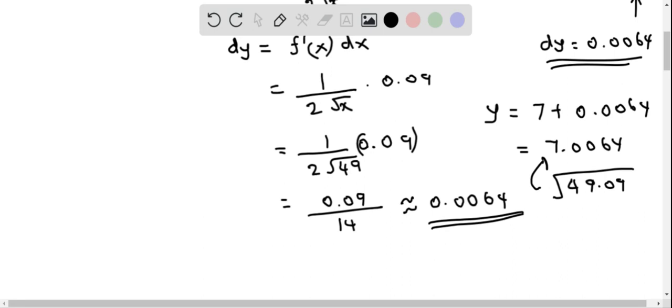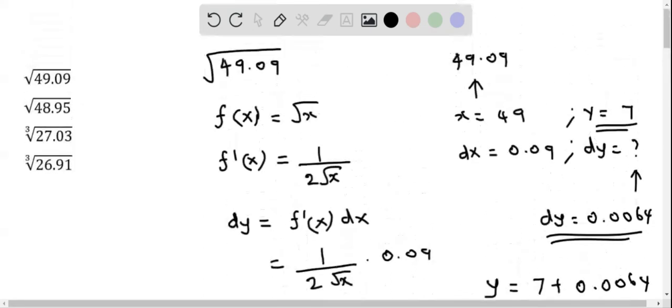Let's now use a similar approach to approximate the value of square root of 48.95. In this, we can just make some changes over here.